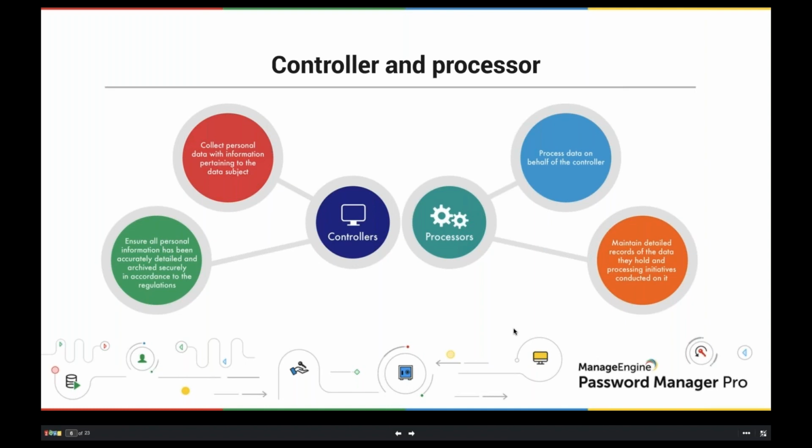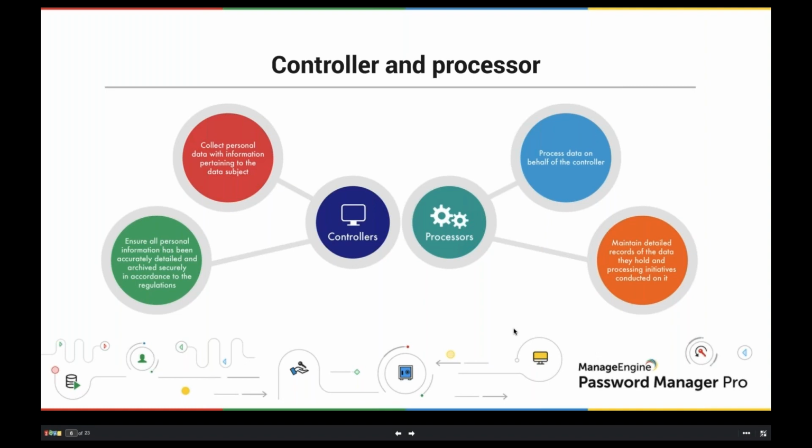A processor means a natural or legal person, agency, or any other body which processes the personal data on behalf of the controller. All right, so who maintains the records of the data they hold?